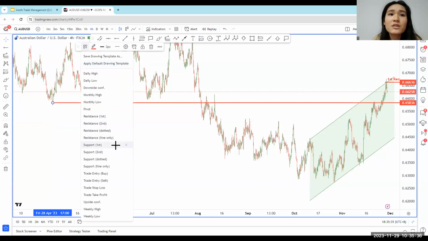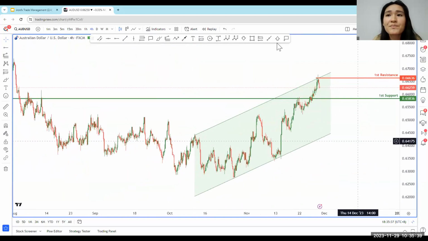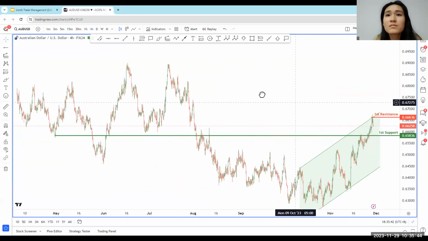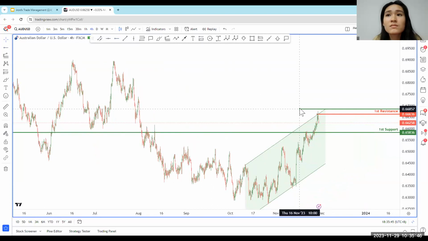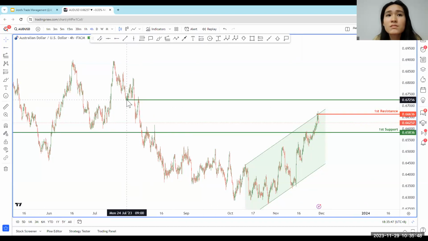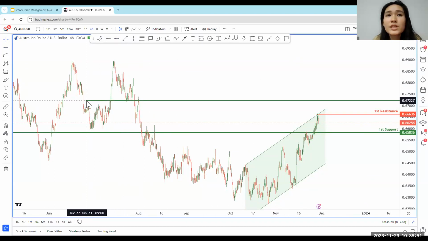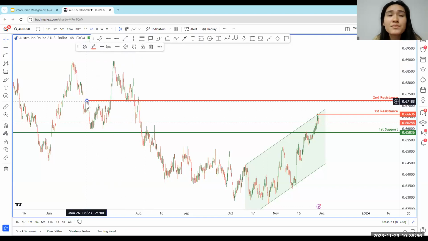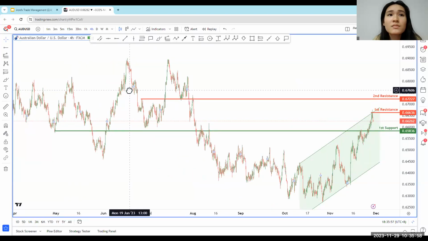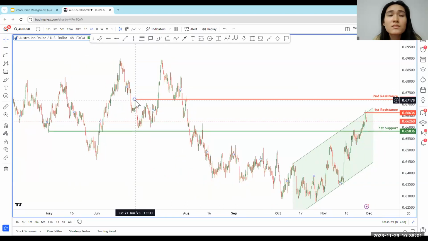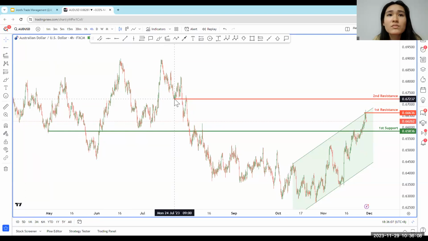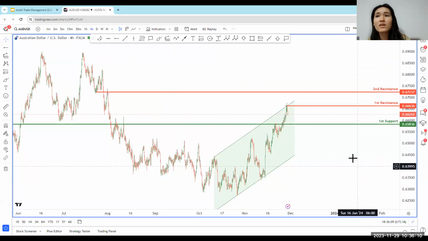Here's my first support, and then second resistance maybe over here. Just here.